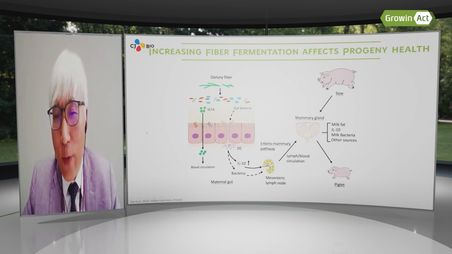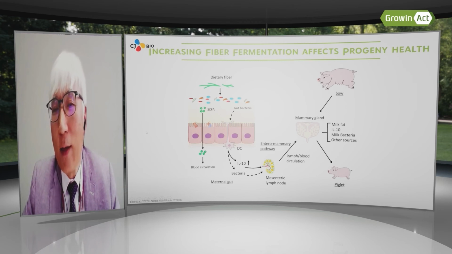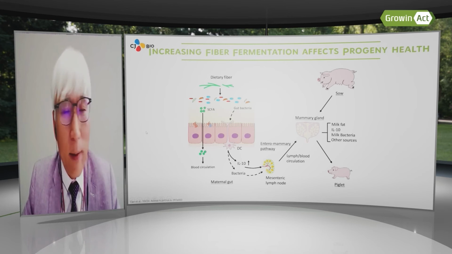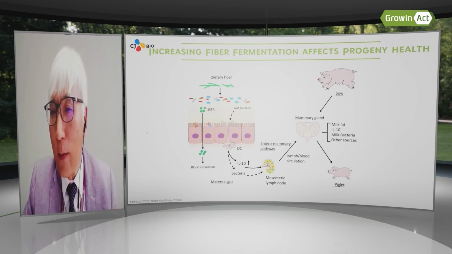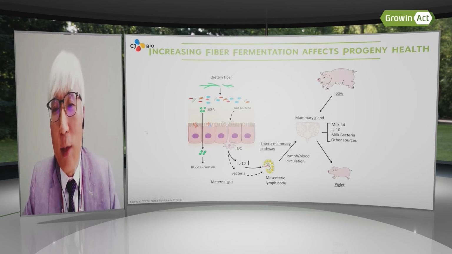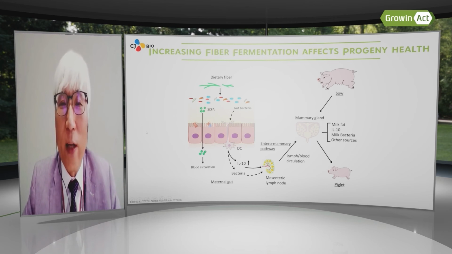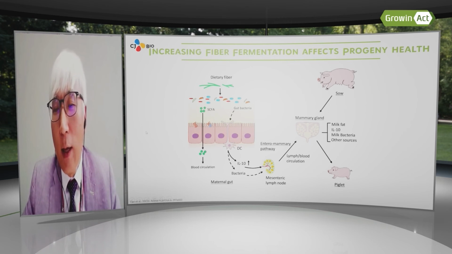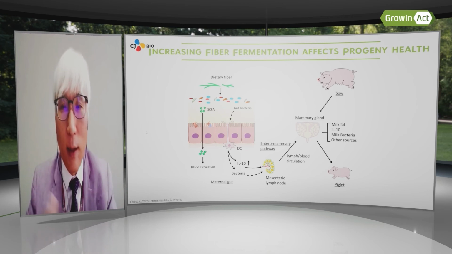And this bacterial information all goes to the mammary gland, and the mammary gland contains all this genetic information plus milk fat affected by volatile fatty acid going into the mammary gland, and also pro-inflammatory cytokine and milk bacteria, all affected by this bacterial composition, and therefore shape and affect the progeny health in the commercial farm.